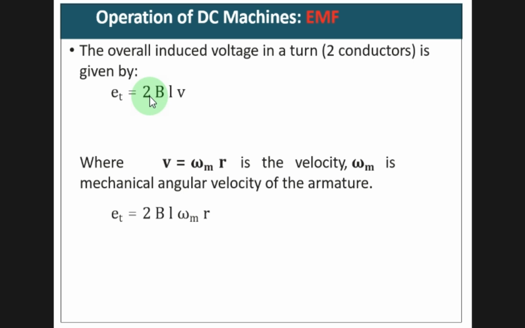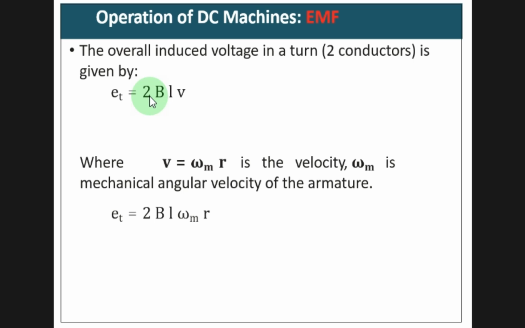BLV. BLV we already know, because the EMF generated by a conductor of length L moving in a magnetic flux density B with velocity v will generate BLV amount of EMF. So as there are two conductors, it will generate 2 times BLV.